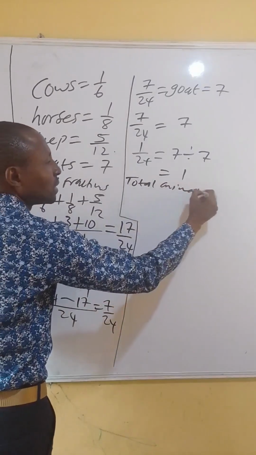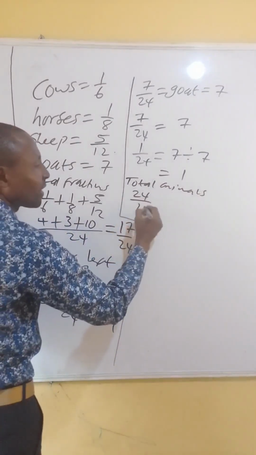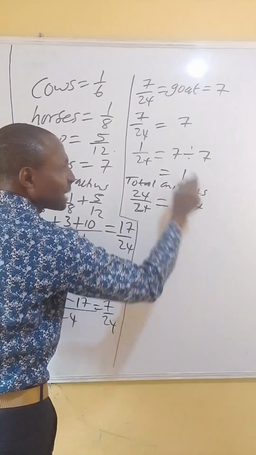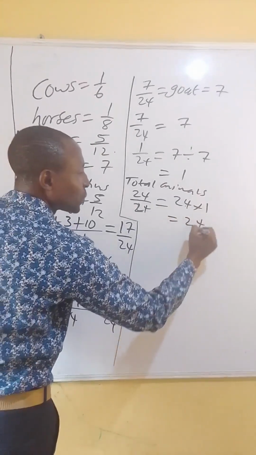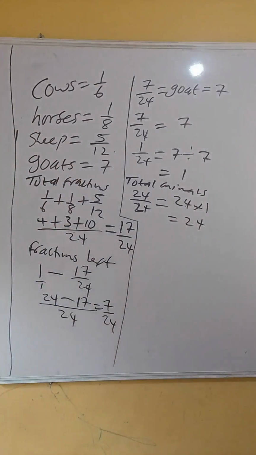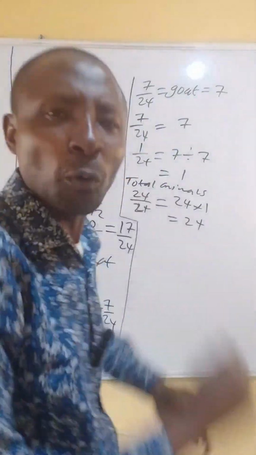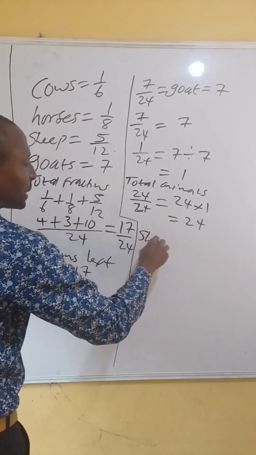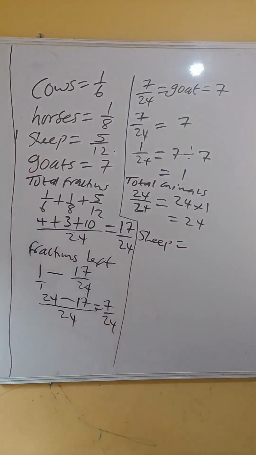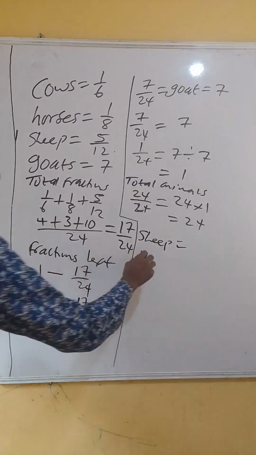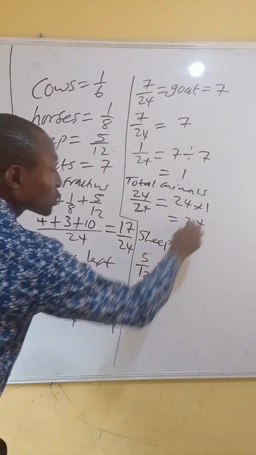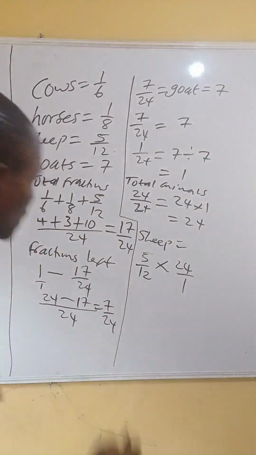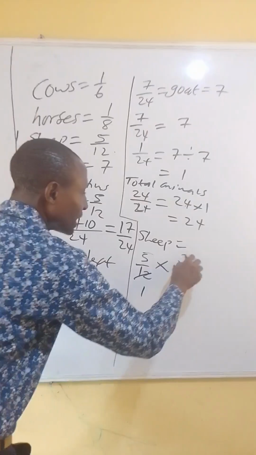Then total animals will be 24/24. That will give us 24 times this 1. So the total number of animals is 24. So that asks us how many sheep. Sheep is 5/12 of the total animals. Of means times. 12 in 12 is 1, 12 in 24 is 2.